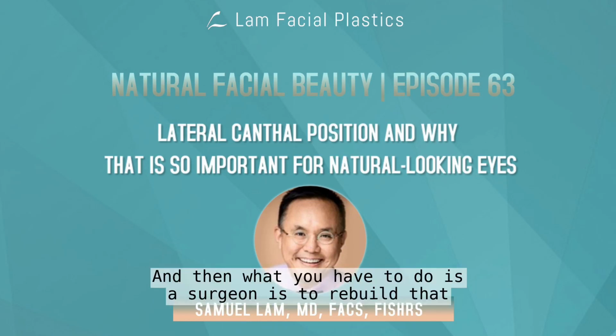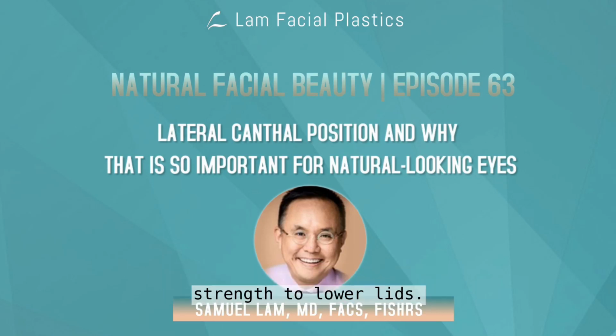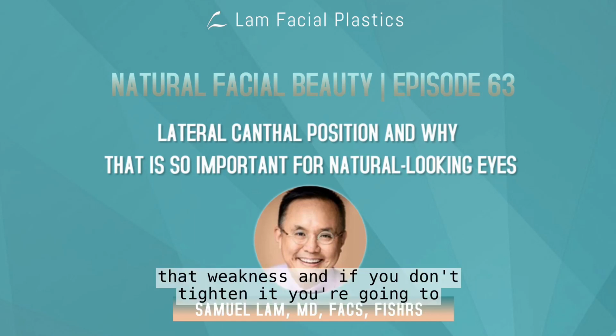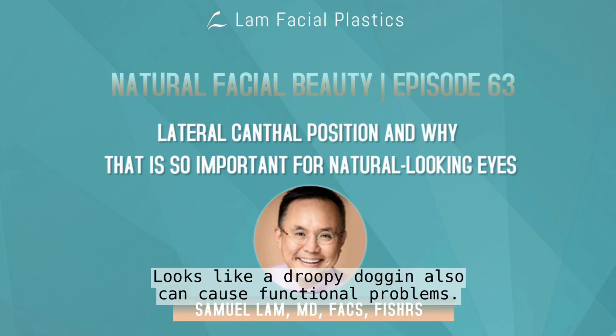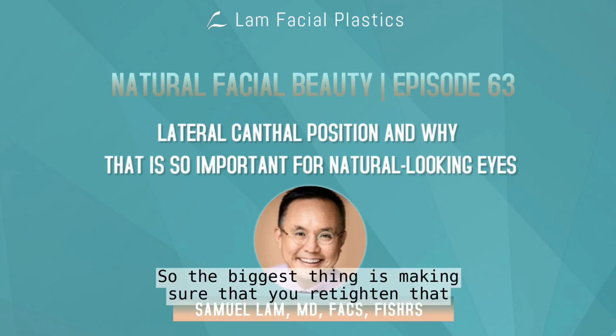And then what you have to do as a surgeon is rebuild that strength of the lower lid. You've got to tighten up that weakness. If you don't tighten it, you're going to have a weaker lower lid where it actually hangs down, looks like a droopy dog, and also can cause functional problems. So the biggest thing is making sure that you retighten that eyelid.